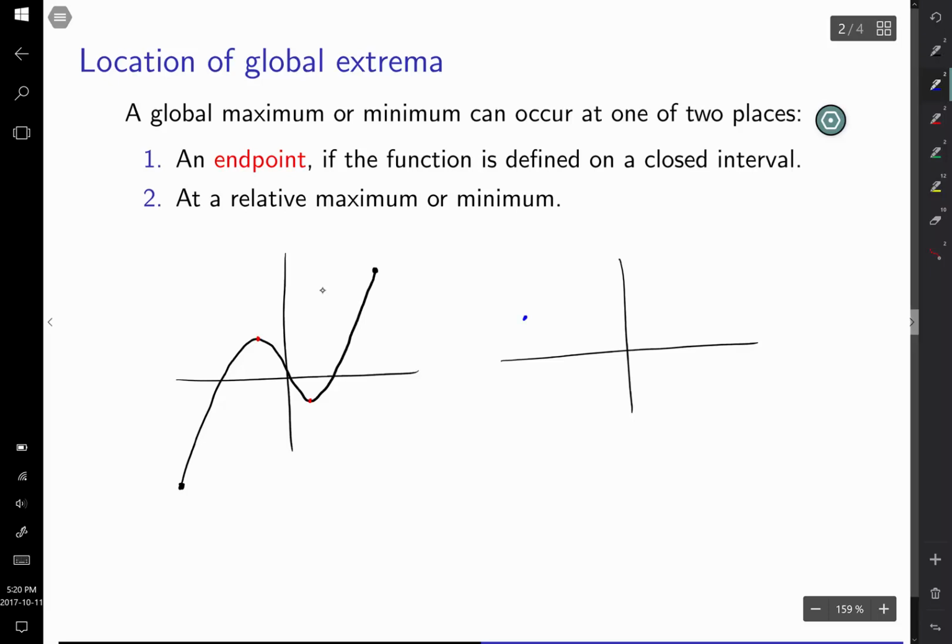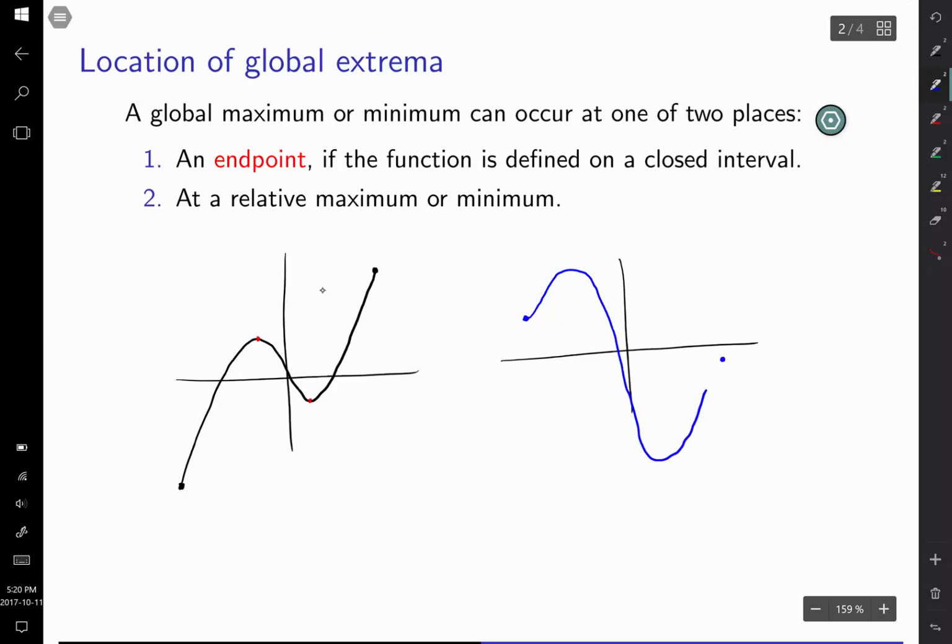So if I start here and I end there, I might have something where the graph goes up like this, and then it goes down, and it comes back up, right? And then this local maximum up here is also a global maximum. This local minimum down here is also a global minimum.